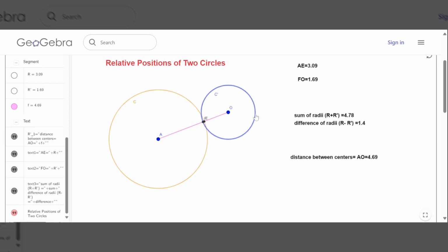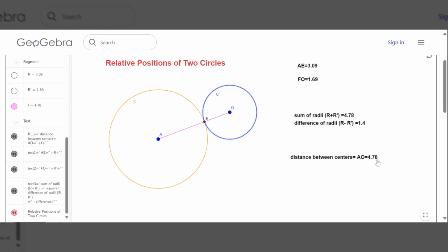Now let's look at these numbers. This is the distance between the centers. Here it's center A, here it's center O. We already joined these two centers. The distance between this center and this center is 4.78.